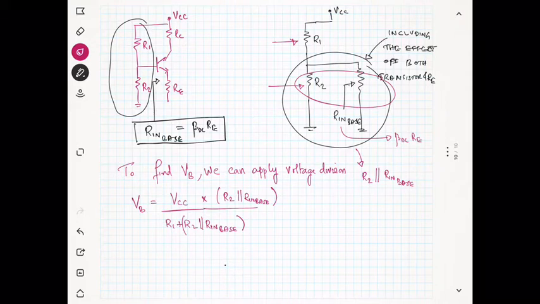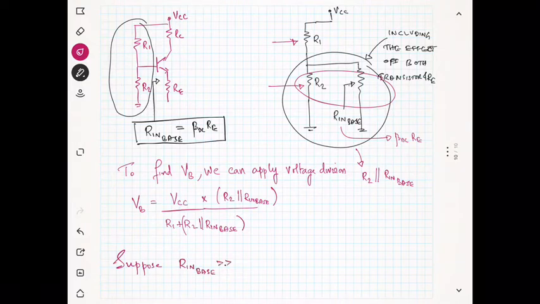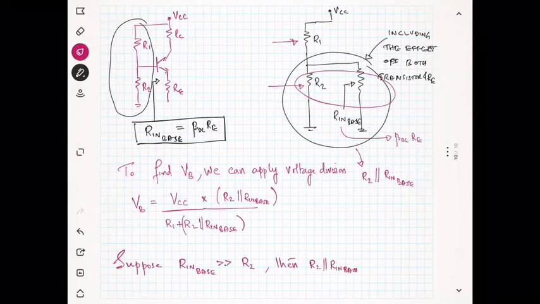Okay, suppose our R in base is much greater than R2, then R2 parallel R in base, how much it will be? R2 parallel R in base is approximately equal to R2.